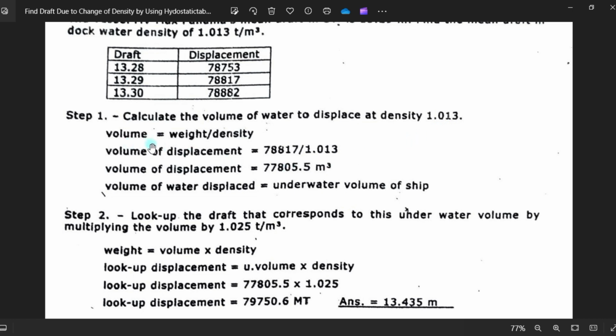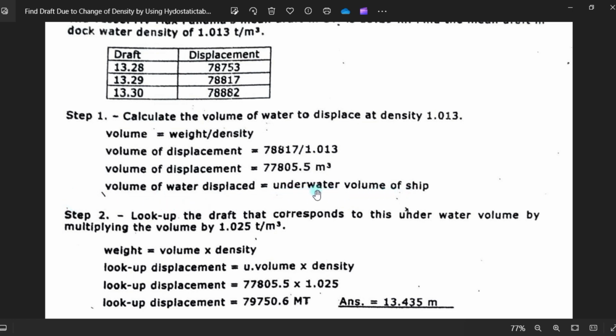The formula is volume equals weight over density. So the volume of displacement is 78817 divided by 1.013, and the volume of displacement is 77805.5.